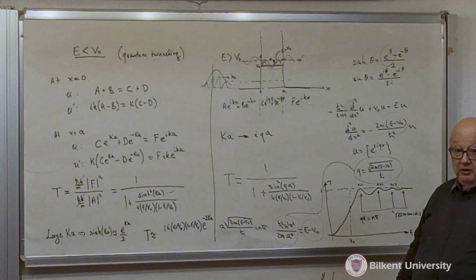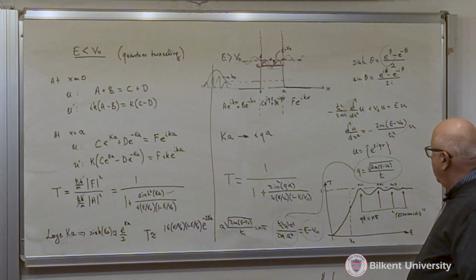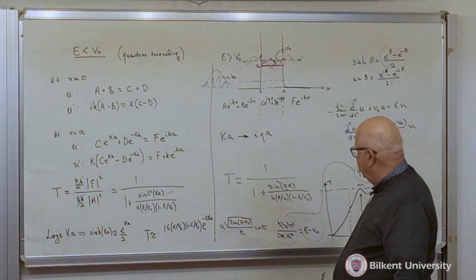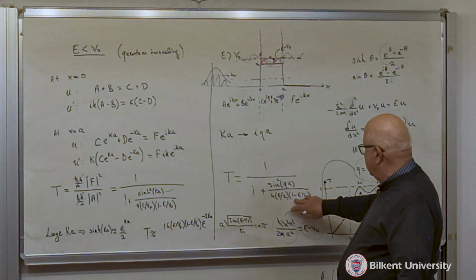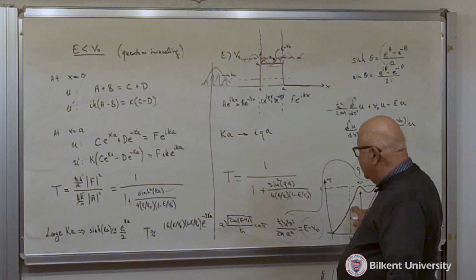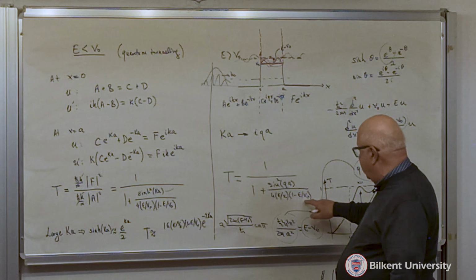Actually, I asked when E is equal to V0. Oh, when E is equal to V0, this term is 0. So this becomes infinite, so T becomes 0. So I may have made a mistake here.